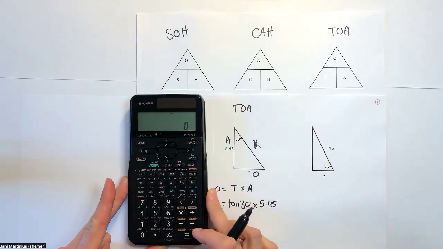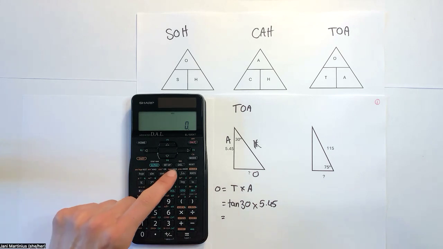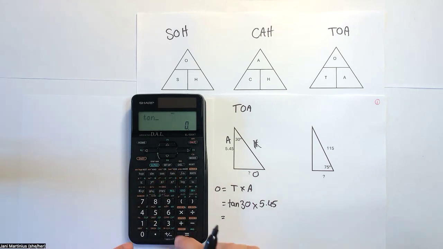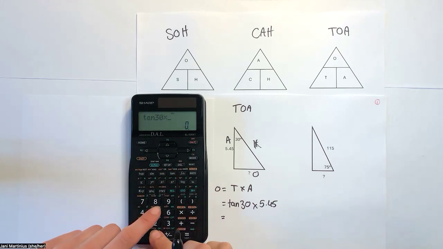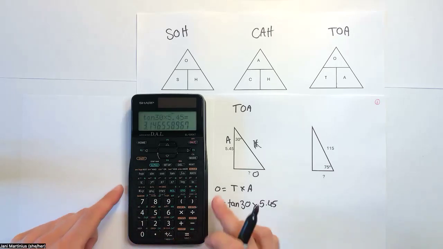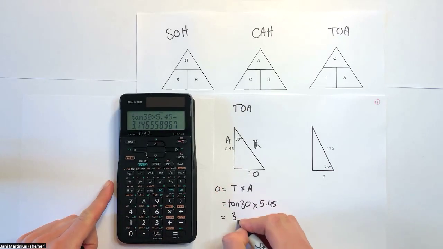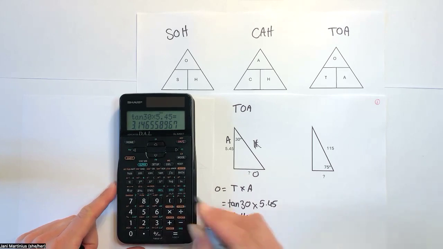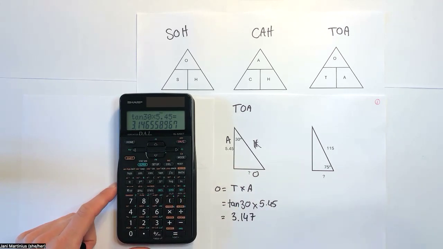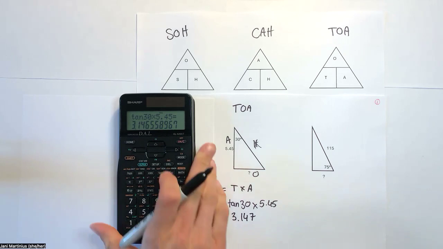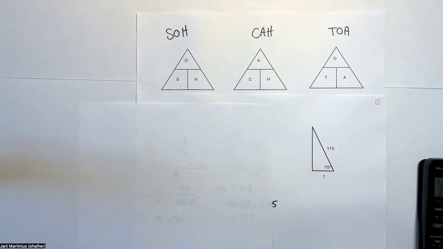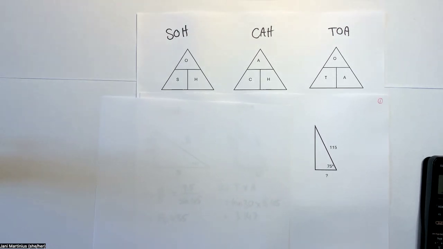And again, now we're just punching that into the calculator. So tan, find that button, 30 times 5.45 gives us 3.14, and let's round it up to 7. Good so far? Okay, let's move on to the third one.